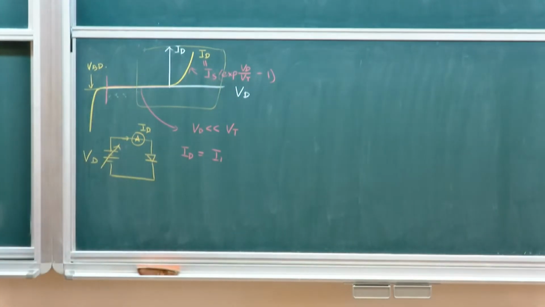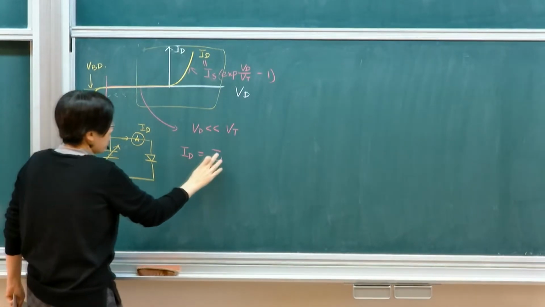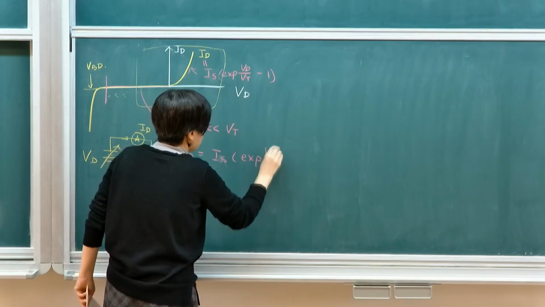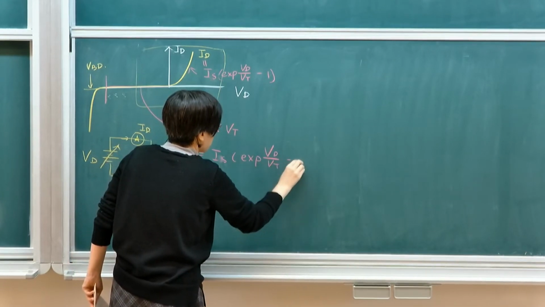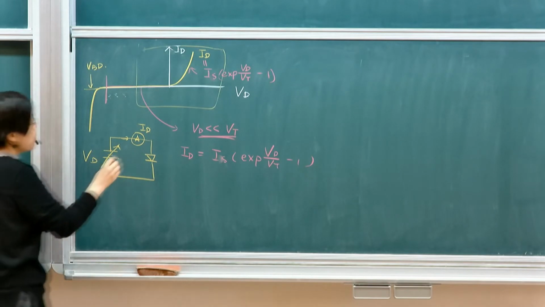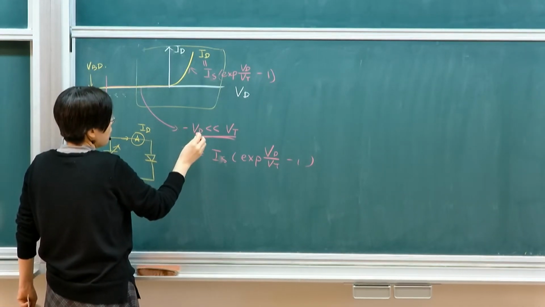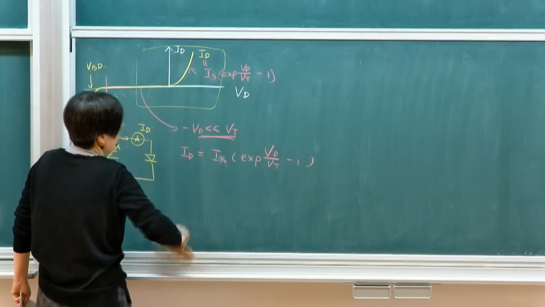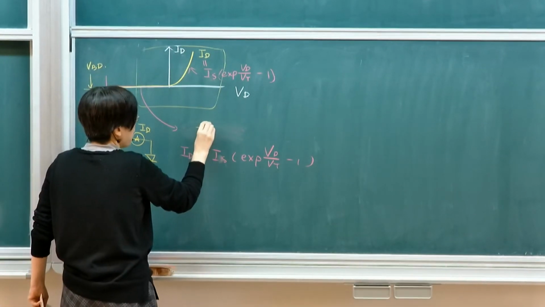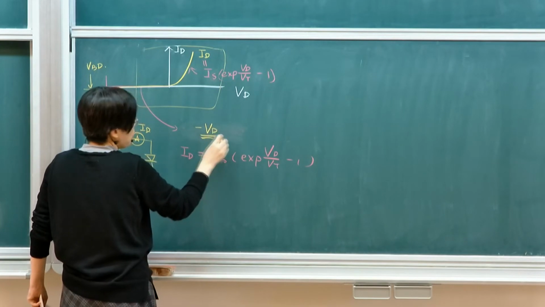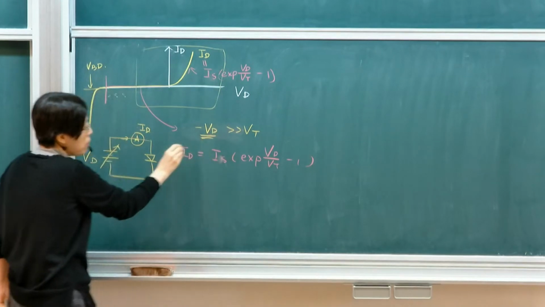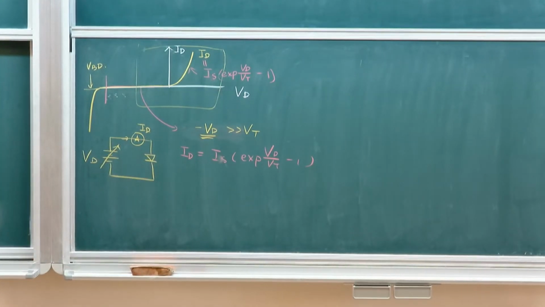ID equals IS times exponential of VD over VT minus 1. So if your reverse voltage, I should say a minus, this is not a good phrase, let me rephrase it. If my minus reverse voltage is much, much larger than VT, so this is actually a positive sign, okay, minus reverse voltage.